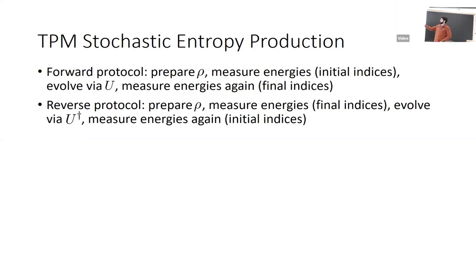The forward protocol is, as we've discussed, to prepare some state rho, measure the energies, evolve, and measure them again. In the reverse protocol, we prepare the same initial state, except our first measurement of energies, we actually assign the outcomes with indices f, like our final indices. We perform U dagger instead of U, or equivalently prepare some time reverse state, which has been evolved. And then we measure the energies again, but we assign these to the initial indices.